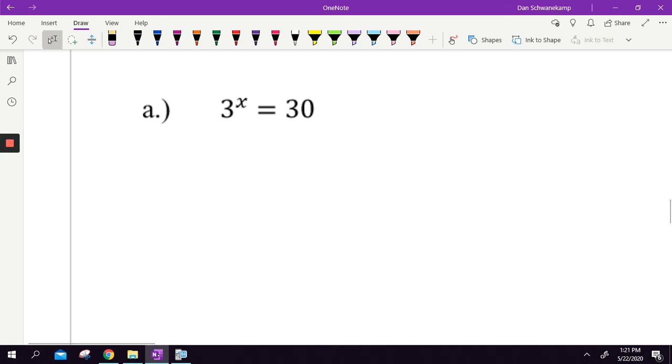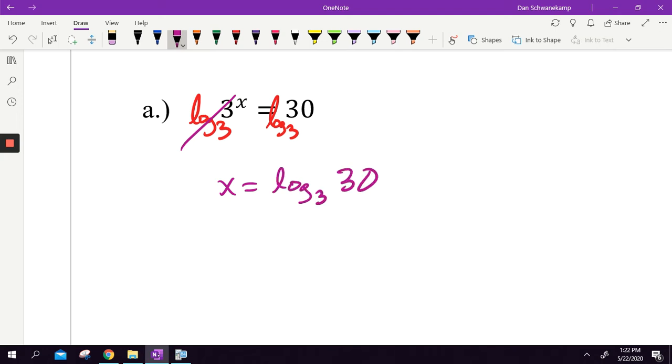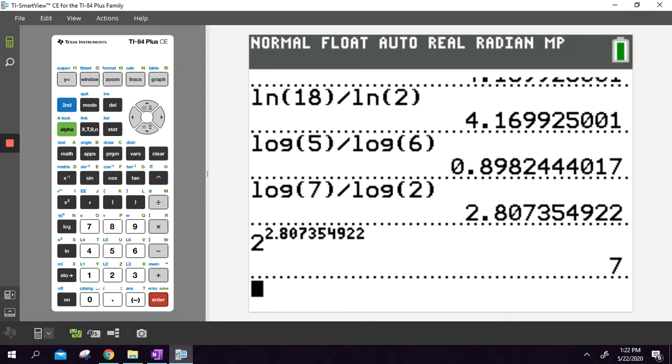3 to some power gets me 30. I want to get the x out of the exponent. What's the opposite in exponential? Log. So we are going to take a log with a base of 3 on both sides. Log base of 3 right there is going to cancel. Over here, I've got log base 3 of 30. And how do I type that in my calculator?